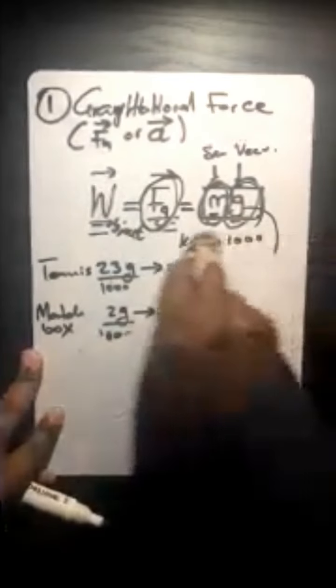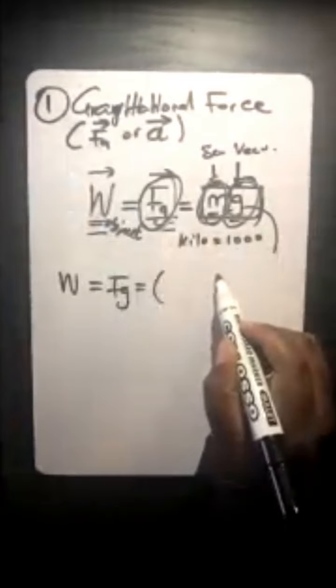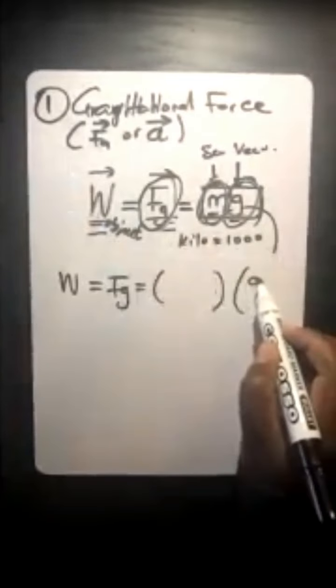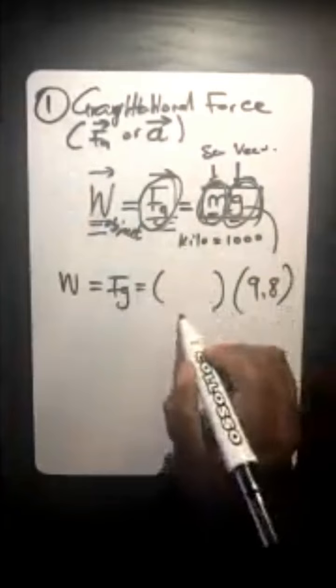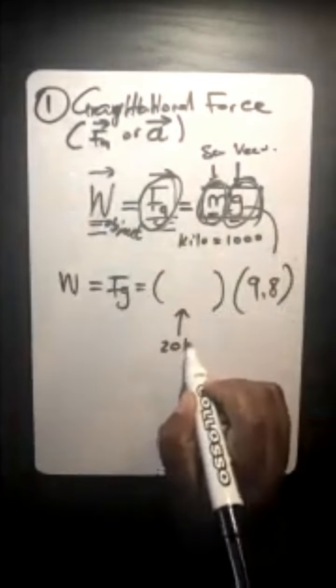So just be aware that when we talk about the weight, we are referring to that formula. Weight is equal to force of gravity, which is equal to the mass multiplied by 9.8. So the mass of a fridge, let's say it could be 20 kilograms.